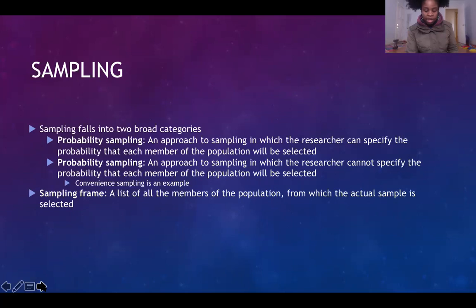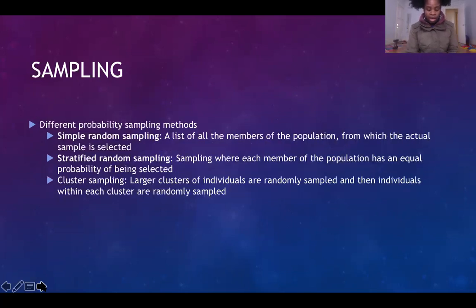Once the population has been specified, probability sampling requires a sampling frame. This is essentially a list of all members of the population from which to select the respondents, okay? There are a variety of different probability sampling methods, such as simple random sampling, stratified random sampling, cluster sampling, etc. Okay, we'll go over those 3.